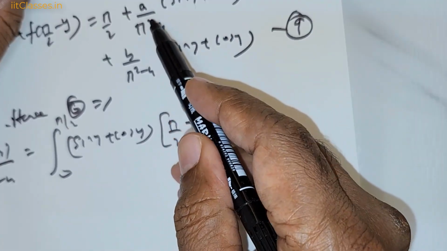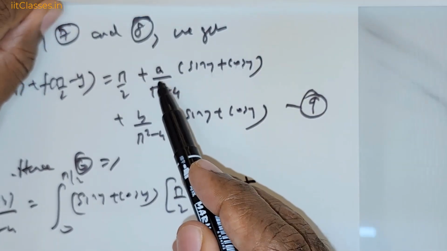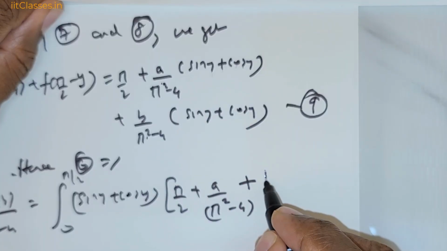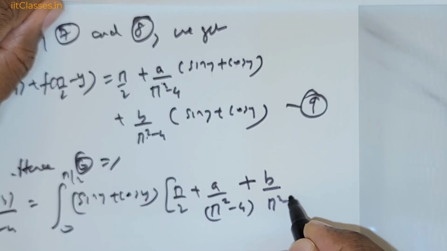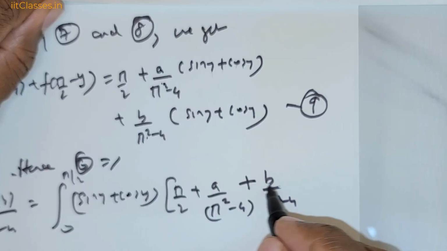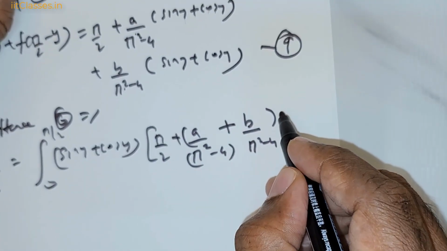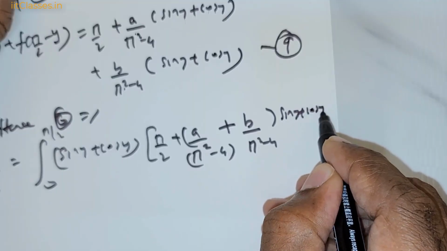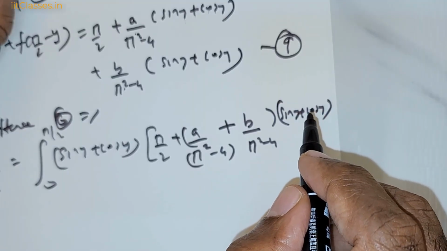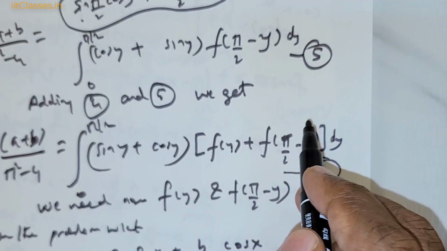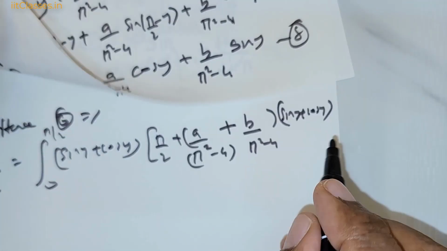And I can add these two together, right? This and this can be clubbed together, a plus b over pi squared minus 4, with sine y plus cos y, and you have a dy there.